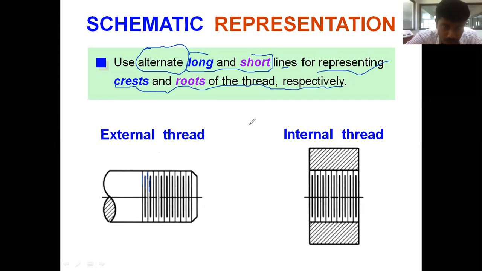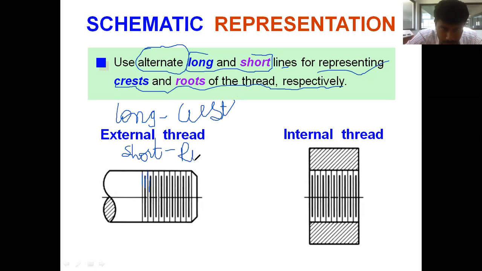Long lines will represent the crest, and short lines the root. All these things can be seen over here.